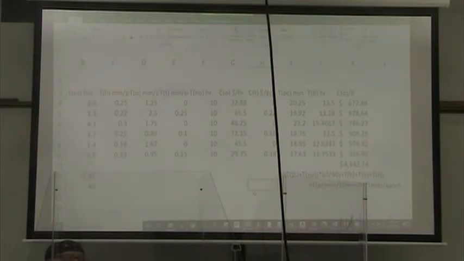Can you click on that, the cost of operation, the second one down?